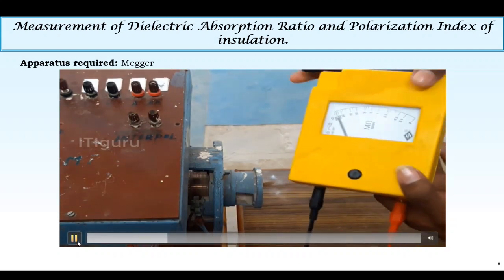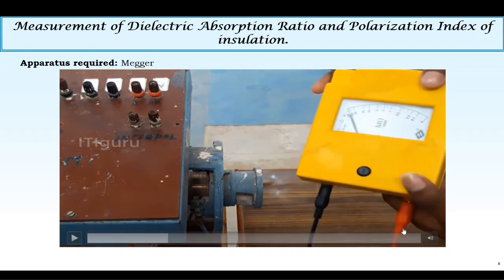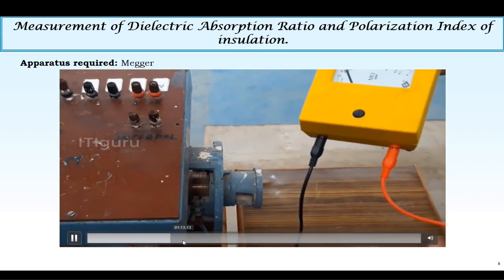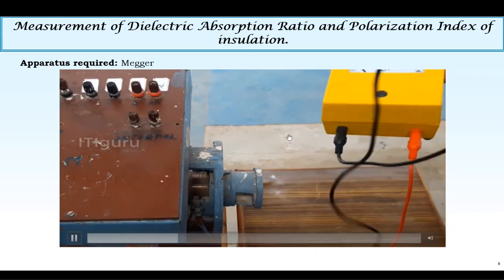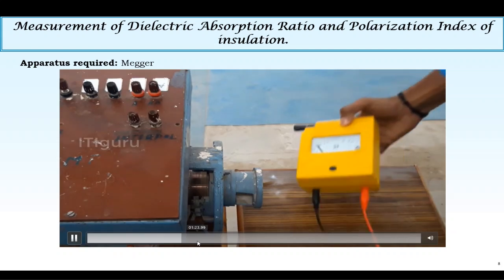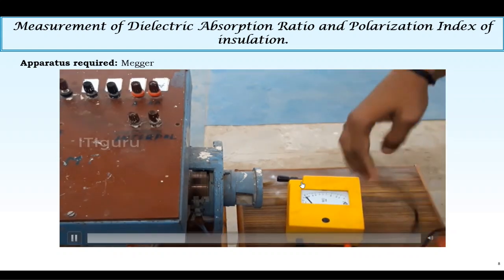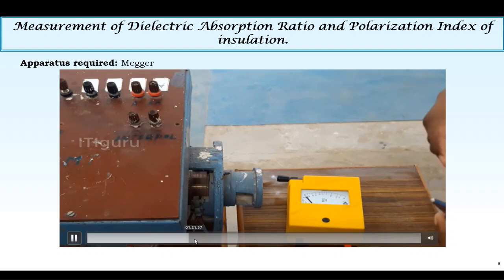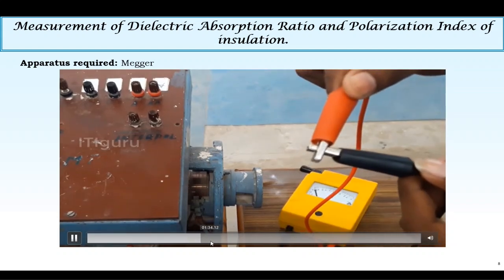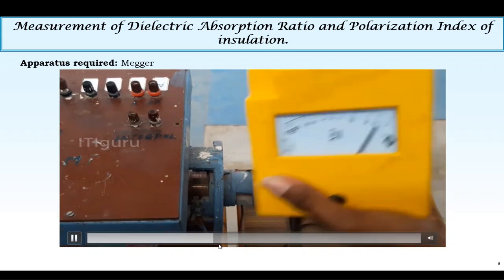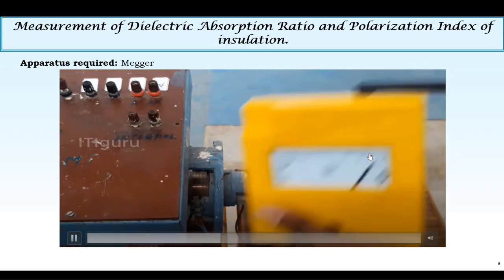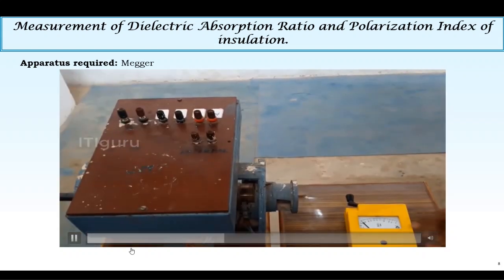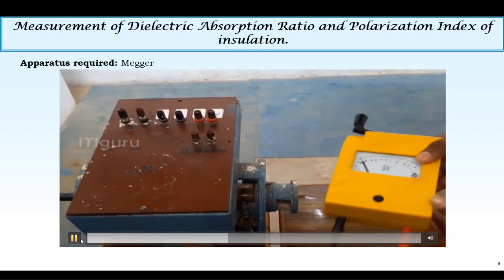For that purpose, short the red wire to the black wire, and with the help of the handle rotate the motor of the Megger. Like this you rotate the handle and check it. It shows a value near 0, which means the Megger is working.